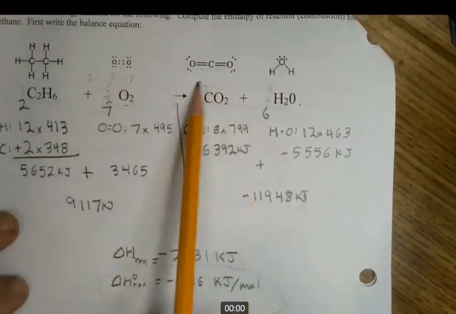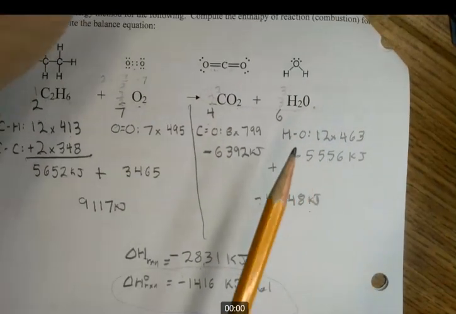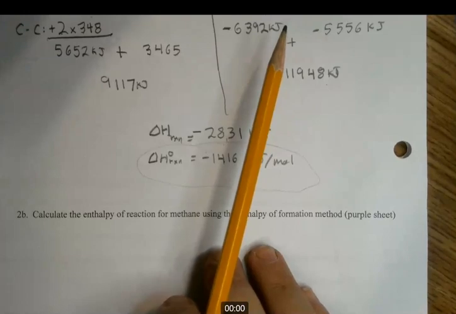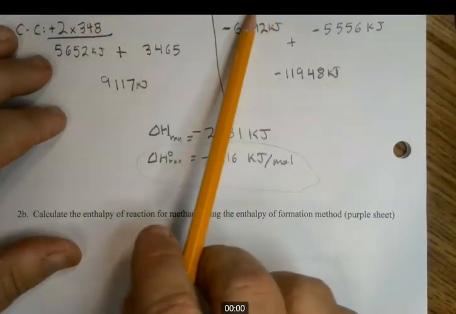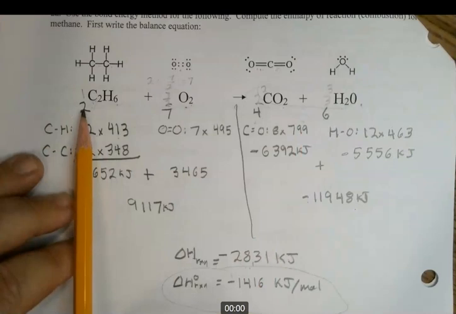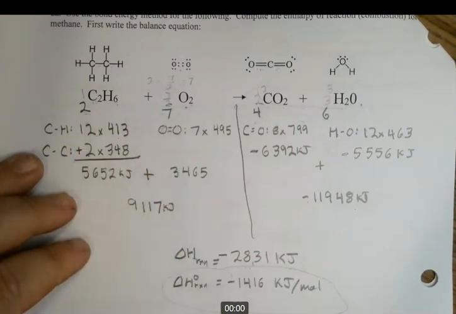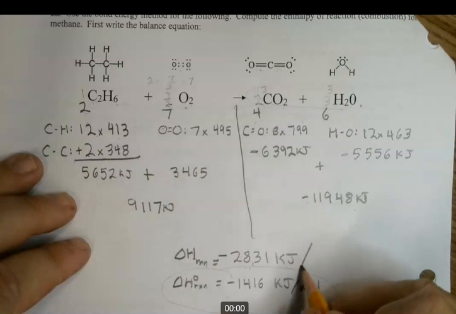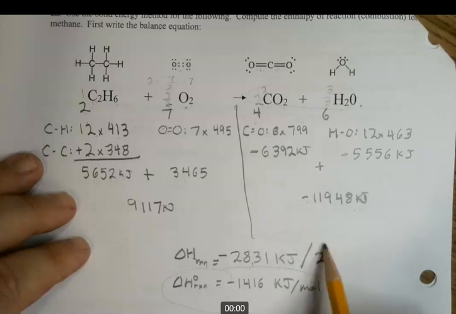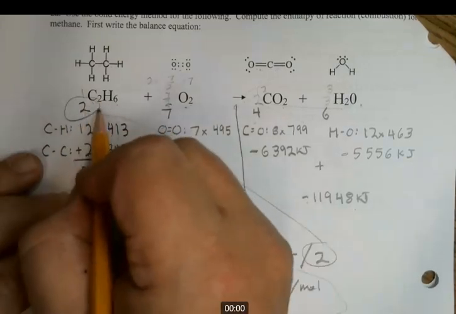We need to do products first. So carbon dioxide, and we're going to do this reaction here with these coefficients, but remember we have to get back to 1 mole at the end, so we're going to have to divide everything by 2, just like we did there. Let me make it clear what I did there. I divided by 2 moles. Okay, the 2 is because of the 2 moles right there.